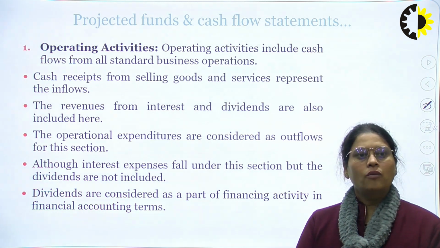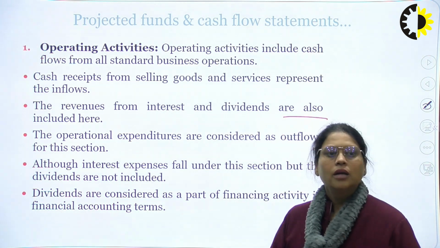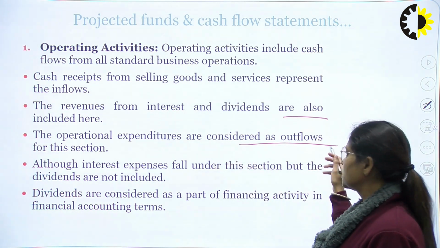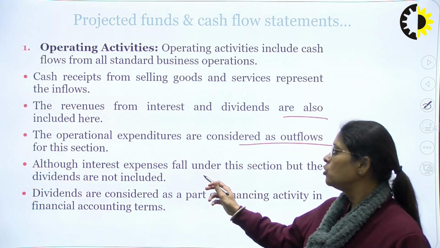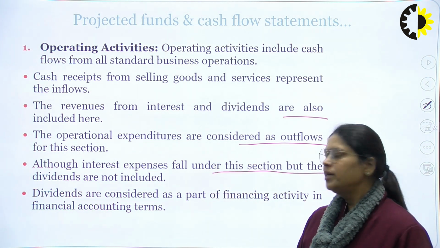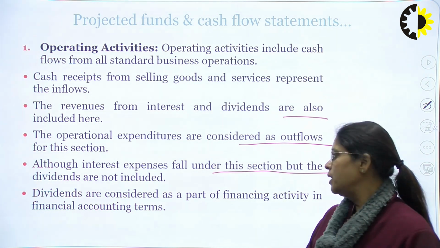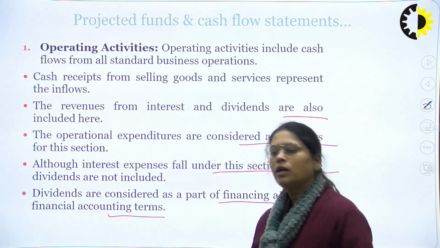The revenue from interest and dividends is also included here. The operational expenditures come into the outflow category. Although interest expenses fall under this section, dividends are not included, and dividends are considered a part of financing activities.